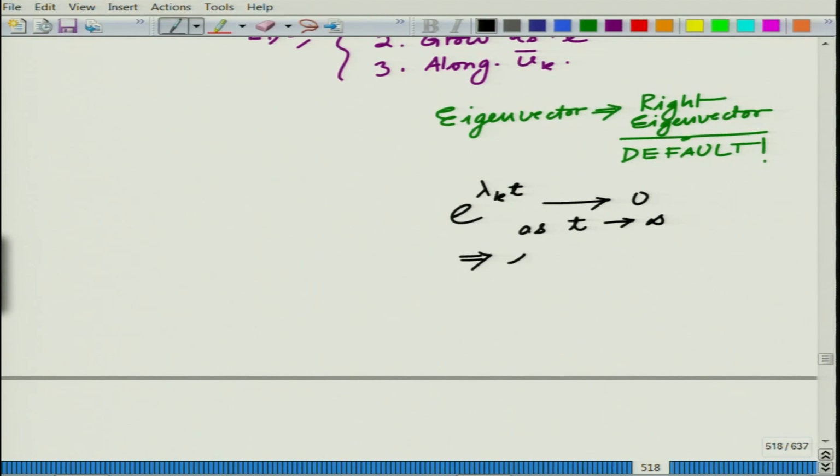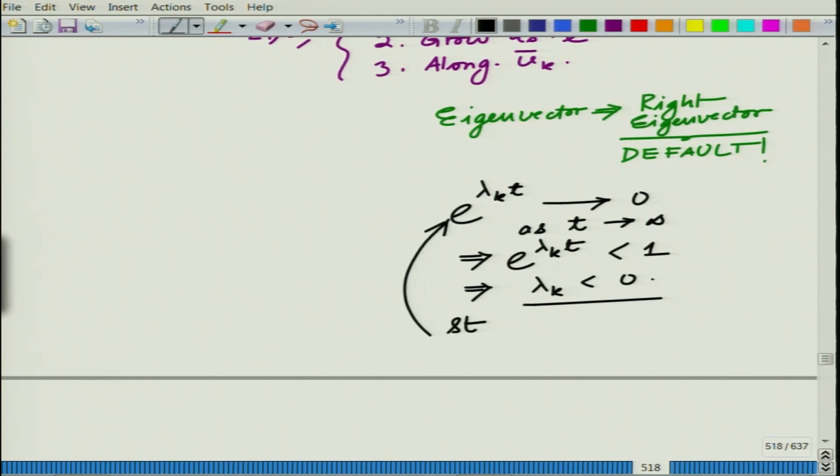This implies e raised to lambda k t is less than 1, which implies lambda k is less than 0. So, if this quantity e raised to lambda k t is less than 1, or essentially if the eigenvalue lambda k is less than 0, then we can say the system is stable.